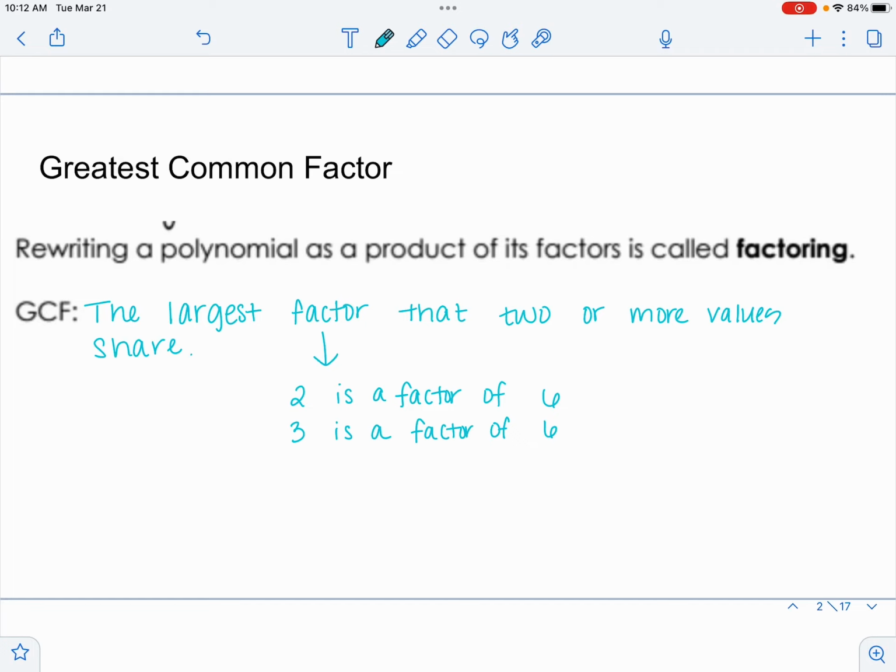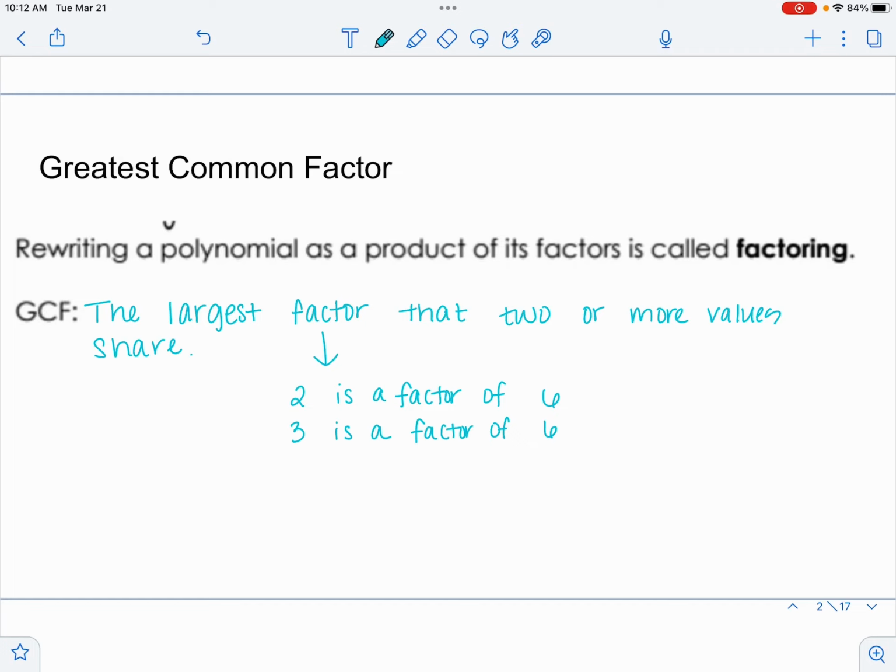And the thing that I'm going to be saying over and over again that you'll hear in the coming days and weeks is that we always need to check for a greatest common factor first. When we start this whole factoring process, we're going to start with just the greatest common factor, but when we get to more complex problems, that will be the first thing we want to check. So we need to be able to determine what the greatest common factor is given a set of values.